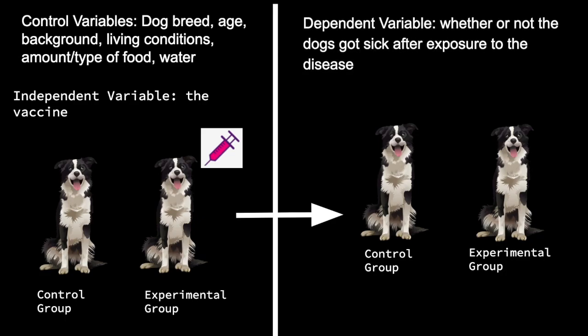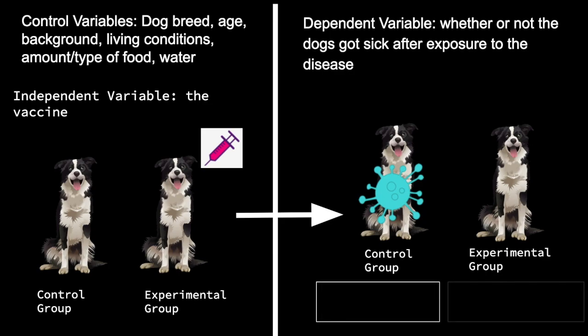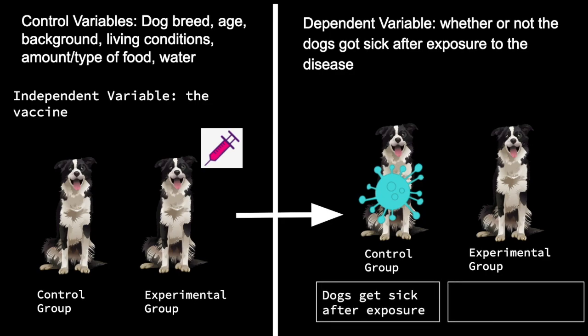The dependent variable is whether or not the dogs got sick after exposure to the disease. In our case, the control group, the dogs without the vaccine, did get sick. So dogs get sick after exposure. Experimental dogs are healthy after the exposure.